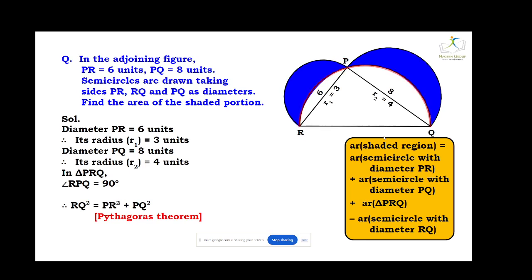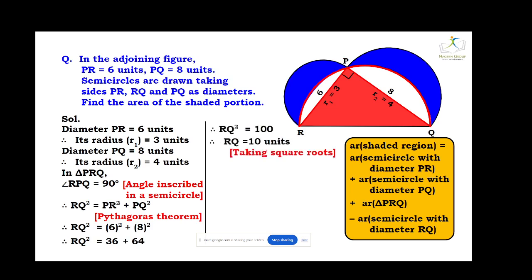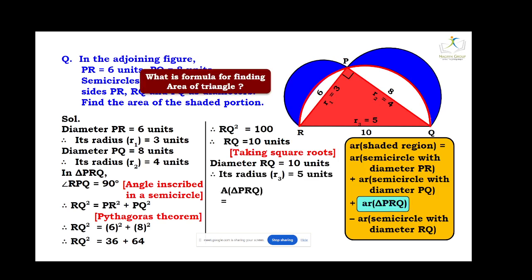Applying the Pythagorean result, 6 square plus 8 square: 36 plus 64 is 100, and the square root is 10. The diameter is 10. What is the radius of the big semicircle? 5 is the radius. Now I know that you can solve this problem very easily.